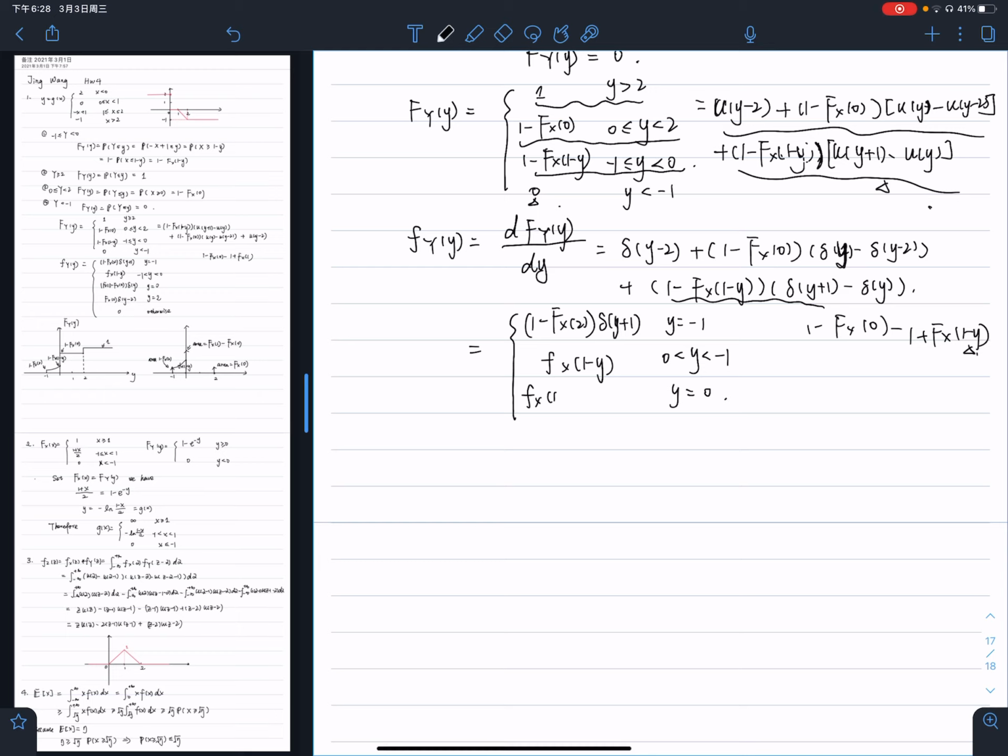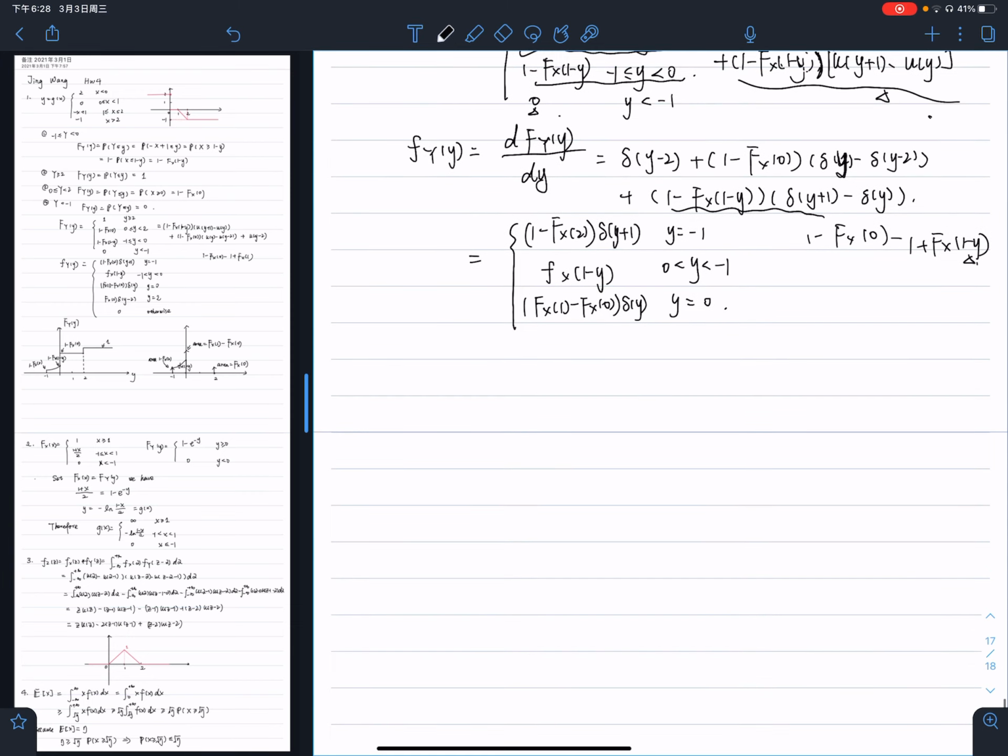Oh, this is 1. And when y equals 2, it should be F_X(0) times delta(y minus 2).